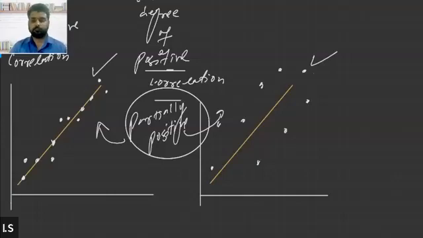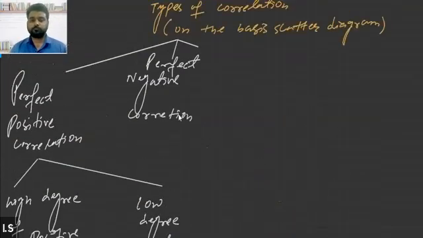Okay, sir. Okay, moving on to the negative correlation. If all the dots are coming downward and falling exactly in a straight line, it will be called perfectly negative correlation.